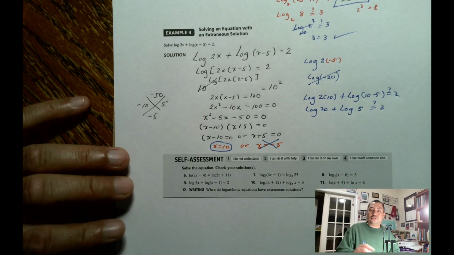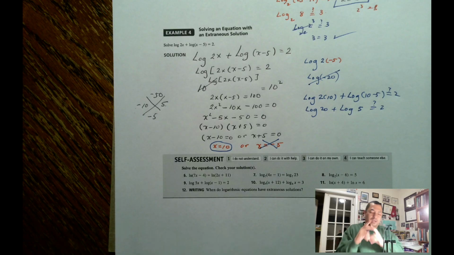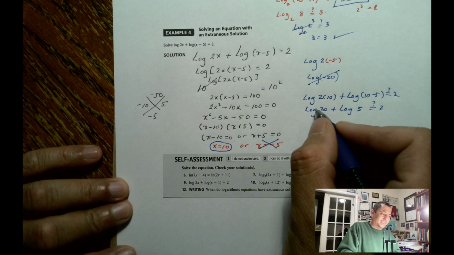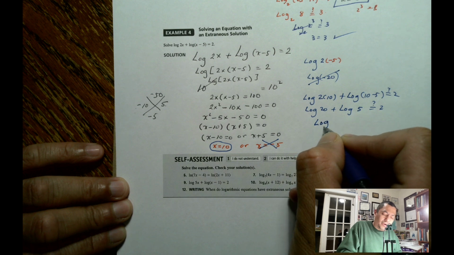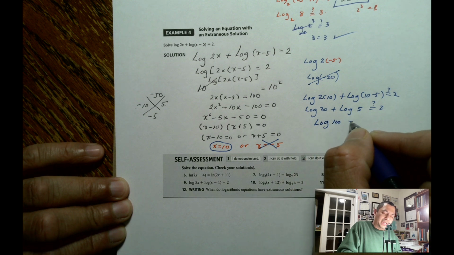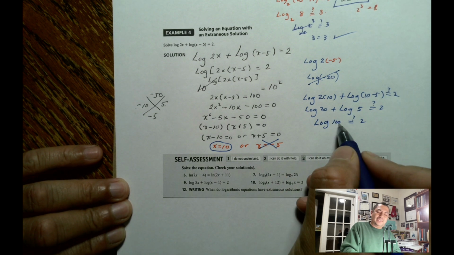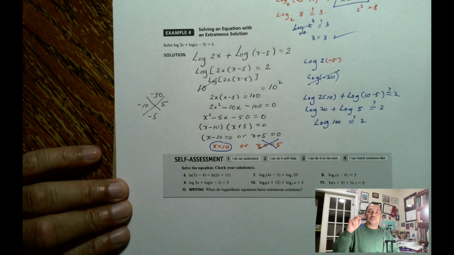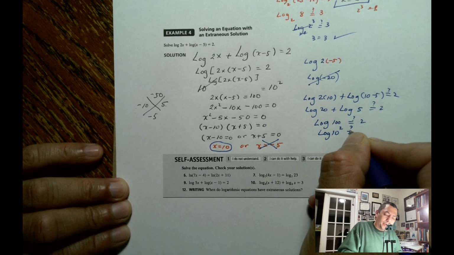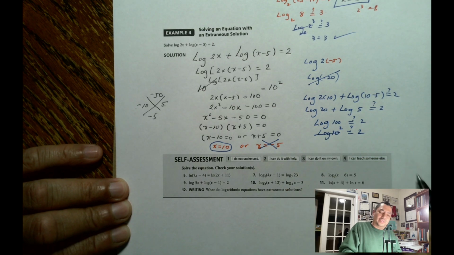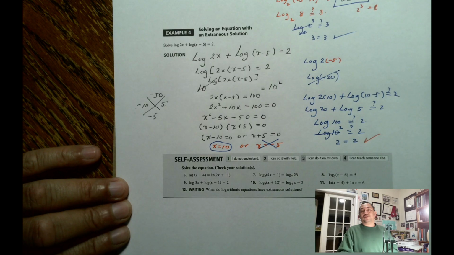This is an addition, so the properties of logs multiply those two numbers. So 5 times 20 is 100, so log base 10 of 100 equals 2. See, 100 is 10 to the second power. So log of 10 to the second power equals 2. These two cancel out, so I have that 2 equals 2. So the first answer checks.